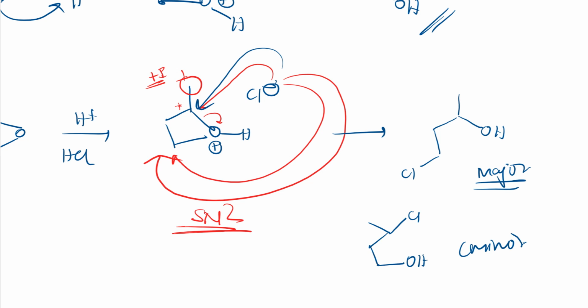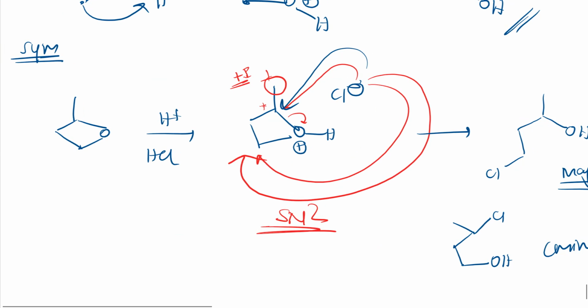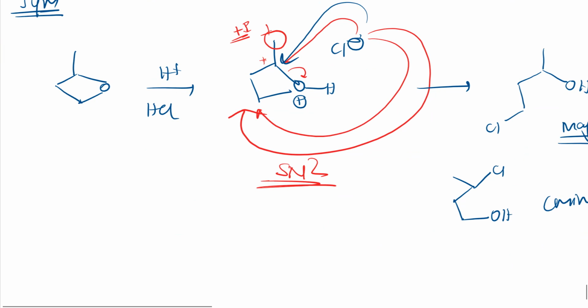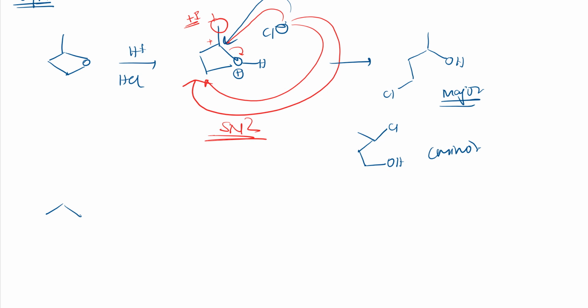Instead of this methyl, if I have a phenyl group, that we shall compare now, right? So I will take the same compound, but instead of methyl I will take this phenyl group, right? Phenyl means a benzene ring. So when I add HCl I'll get this one. Here it can break like this. If it breaks I'll get this one.